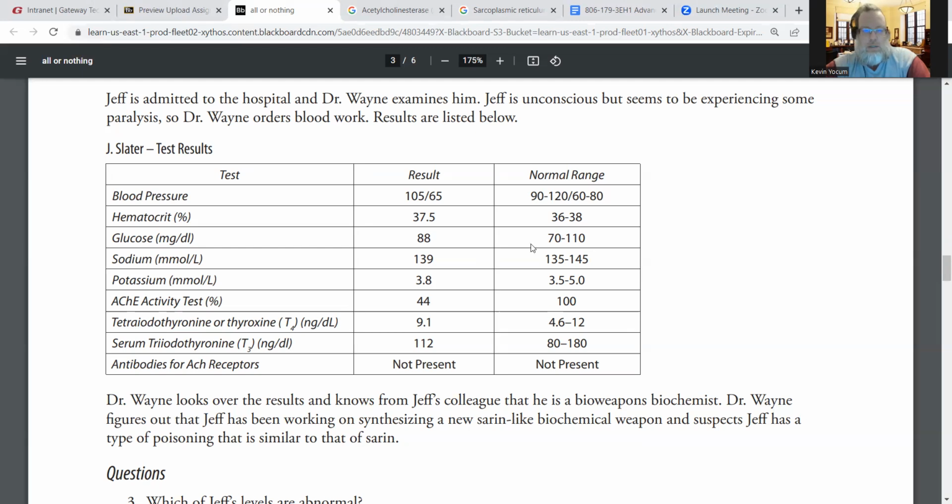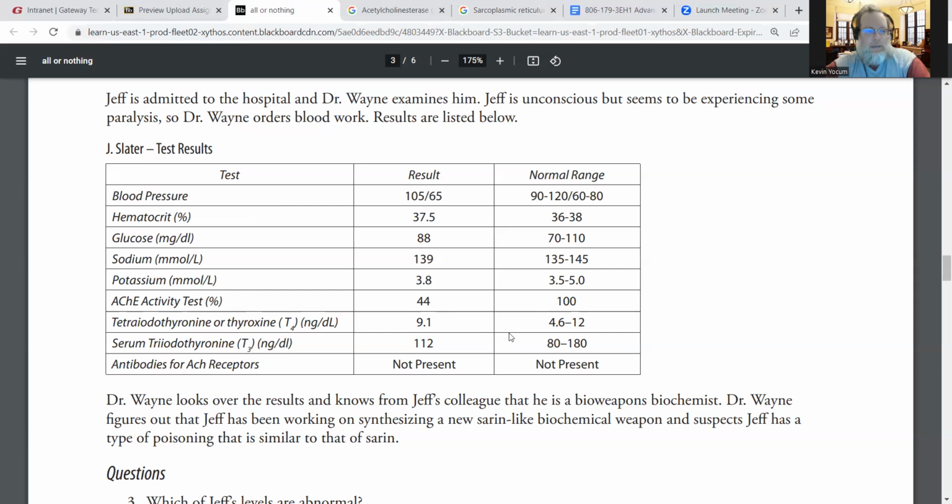Glucose in the blood looks good. And again, that's important because along with oxygen transport, we need glucose transport to the cells so we can get some ATP. Sodium levels look great. Potassium looks good. Ooh, now here's where we're struggling. Well, let's skip that one real quick. We'll come back, because that's the elephant in the room.